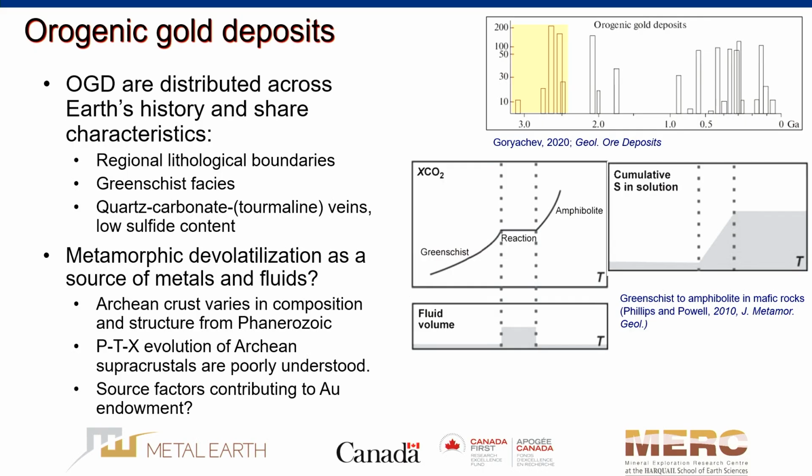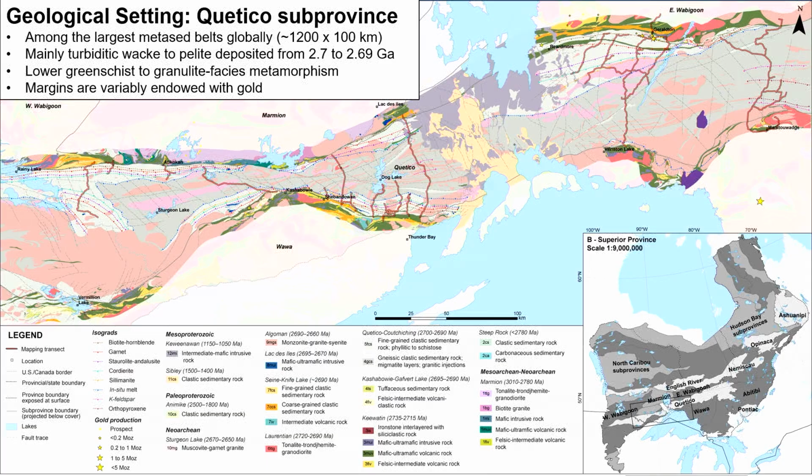So what are these factors? How could they contribute to differential gold endowment? My goal was to look at the sediments in the Quetico subprovince.